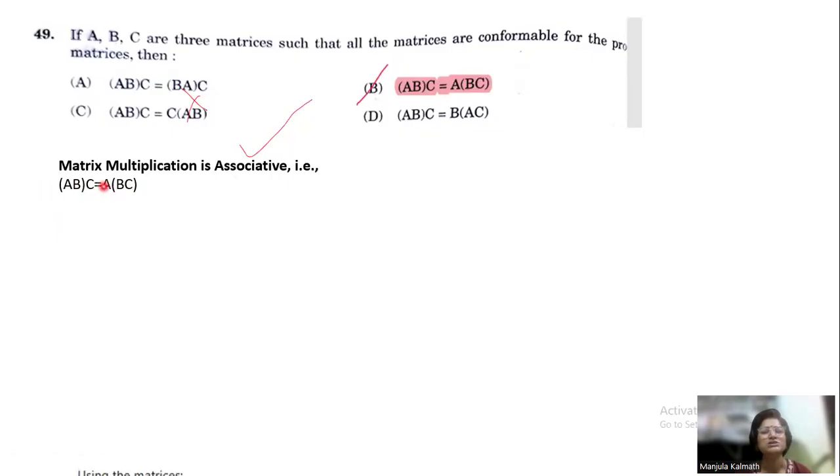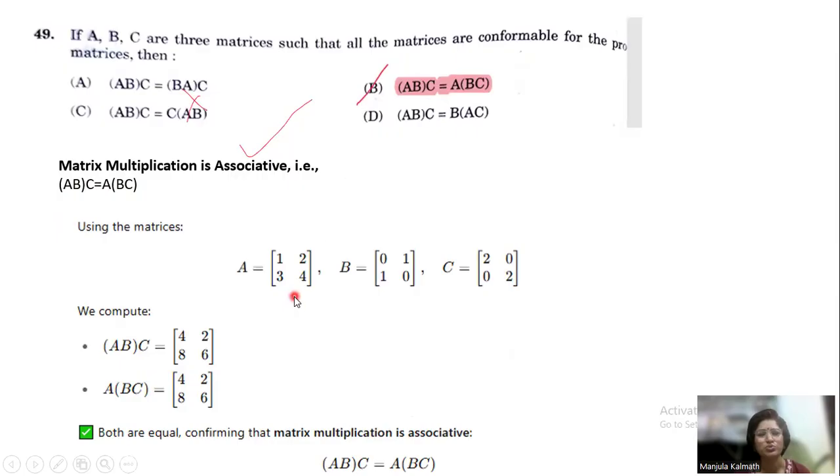In order to check this, we can take 2 into 2 matrices. Here A, B, C are taken as three matrices of 2 into 2 and we'll be multiplying A into B. According to this, first we have to multiply both of these, and whatever result comes, we have to multiply with C. Then its output comes like this: 4286.